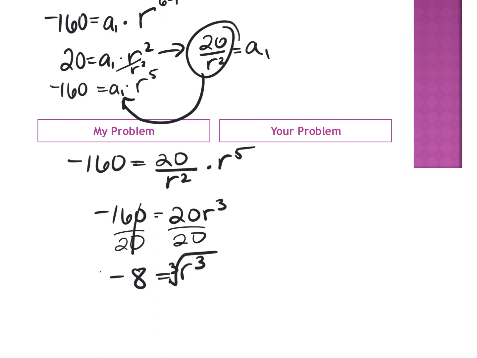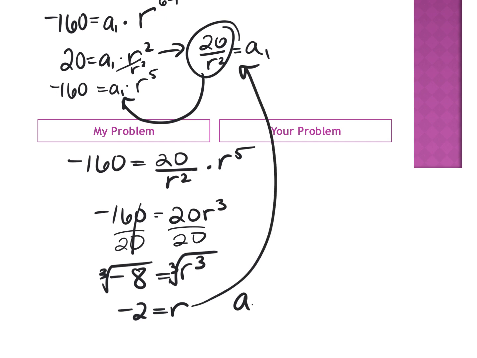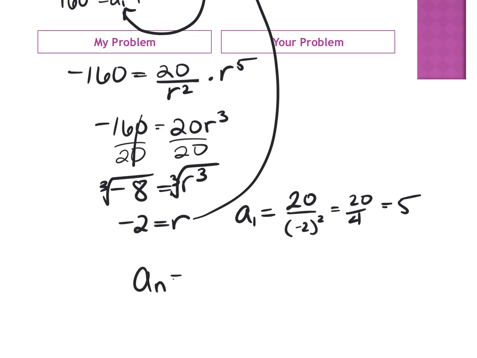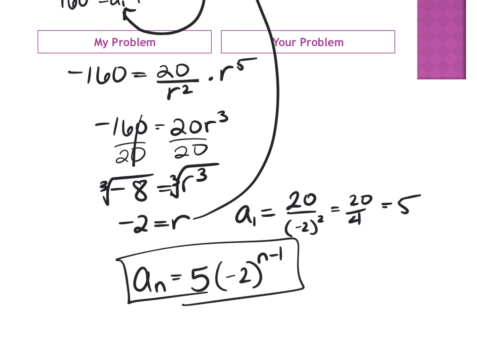Take the cube root of both sides, and negative 2 equals r. Now you can plug that back in. a1 equals 20 over negative 2 squared, which is 20 over 4, 5. So my final answer, an, is 5 times negative 2 to the n minus 1, and there's my rule.